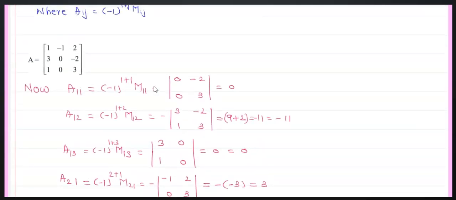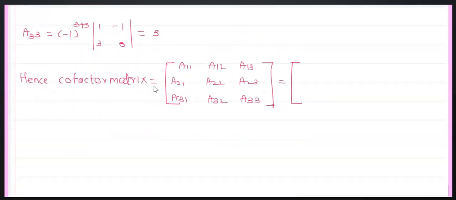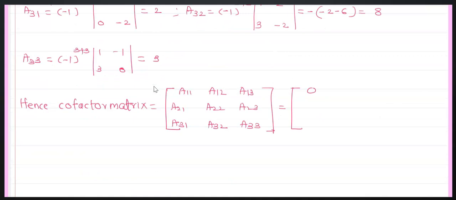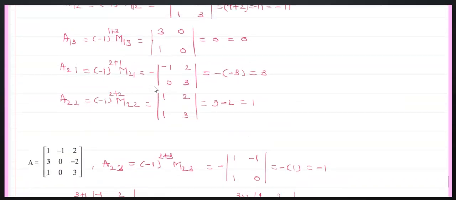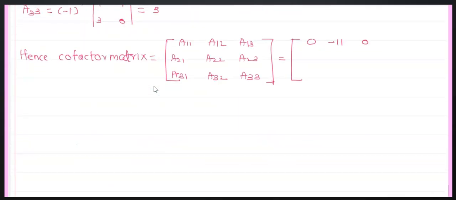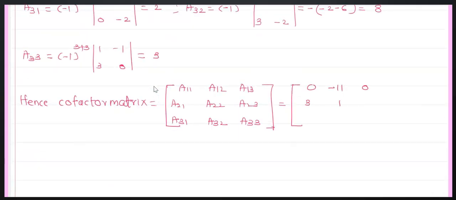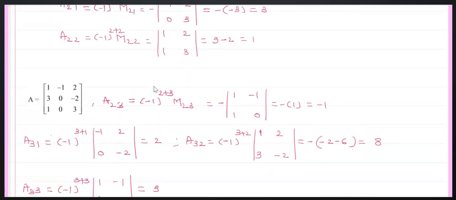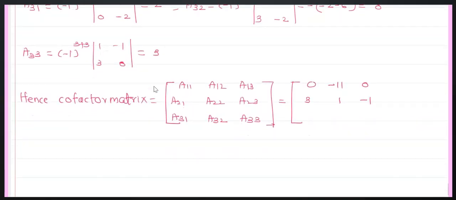Now write down 0, minus 11, 0. Next is 2, 1, minus 1, and last is 8, 2, 3.